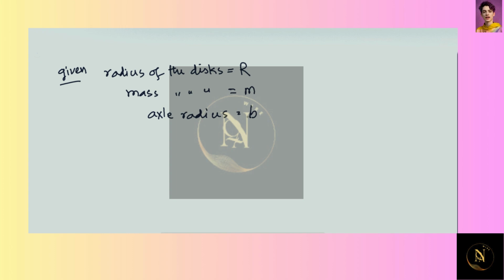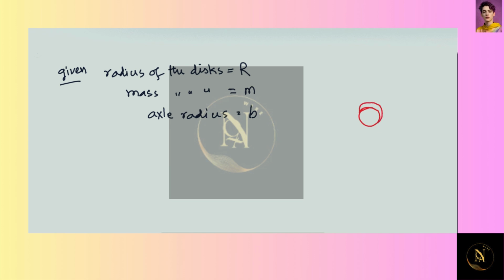Now we have to find the linear acceleration and the angular acceleration in terms of these three letters. So let's draw the yo-yo first, and then we can see how to solve the problem.